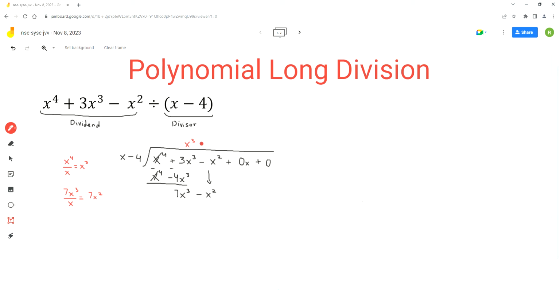So this becomes our second term in this quotient. We have to multiply 7x squared by x, so that gives us 7x cubed. And we have to multiply 7x squared by negative 4, which gives us negative 28x squared.